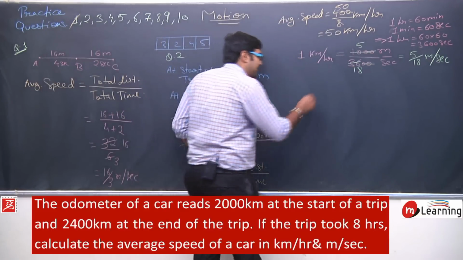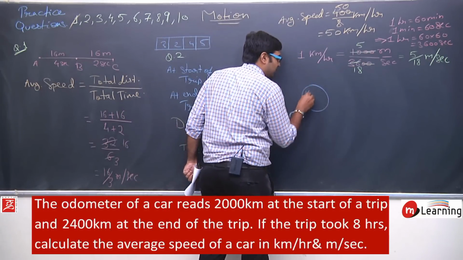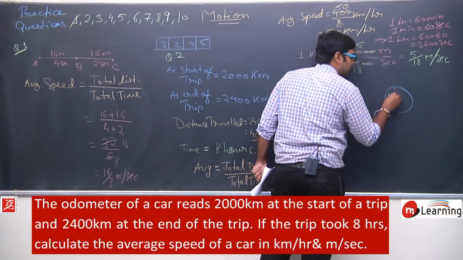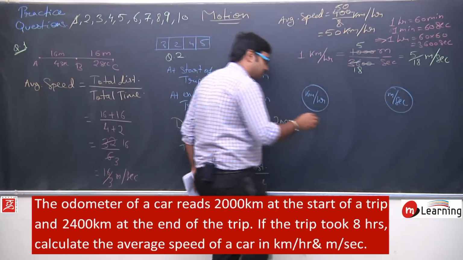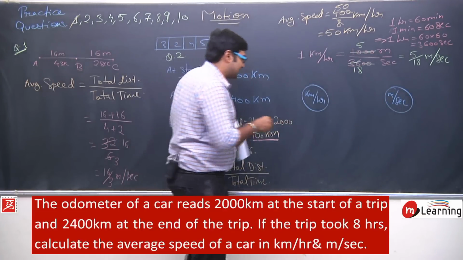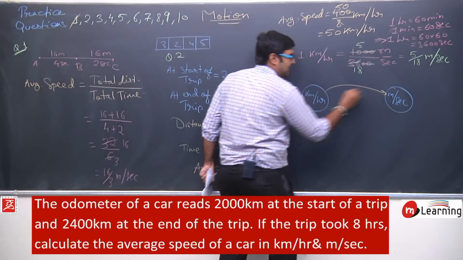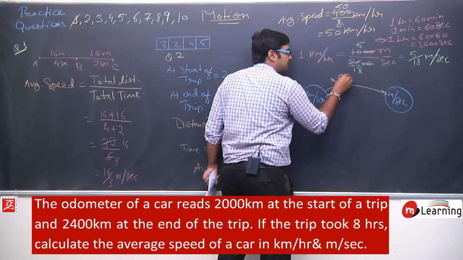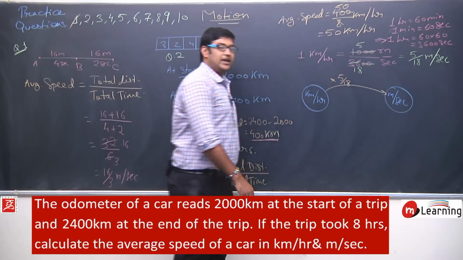So I can write a simple conversion of kilometers per hour and meter per second. If I want to convert from kilometer per hour to meter per second, I will multiply by 5 by 18.